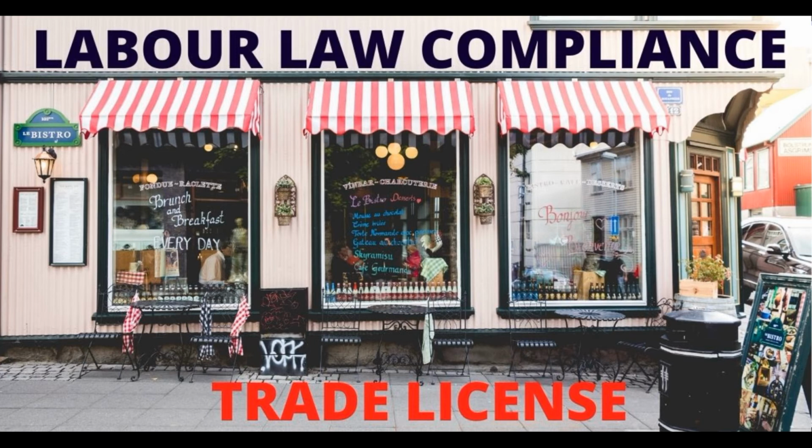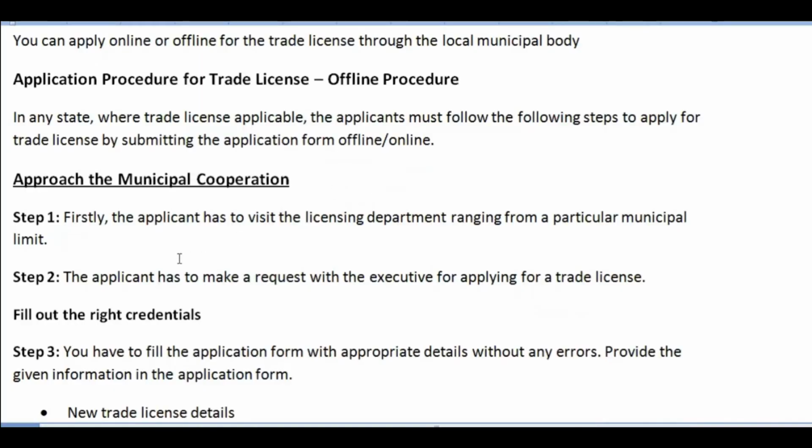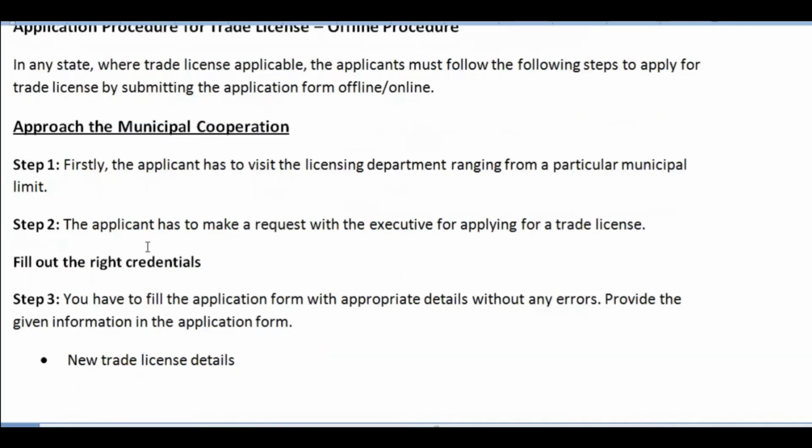Then you can apply for the license in two ways: one is the online and another is the offline procedure. For the offline procedure, there are certain prescribed formats to be followed by the applicant to apply for the trade license. Let us take offline first.